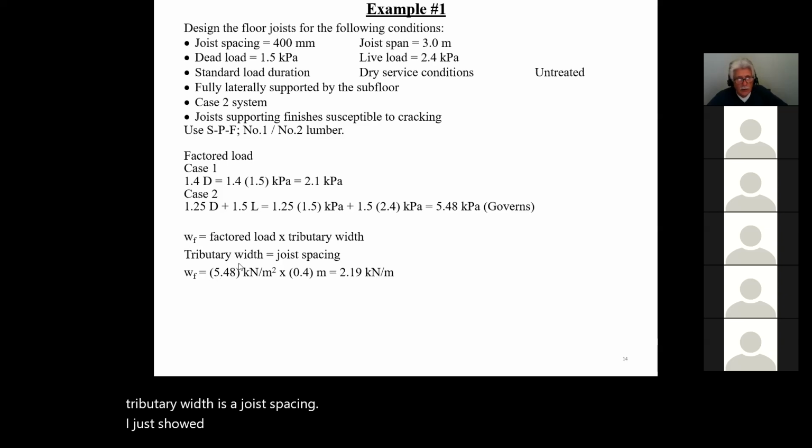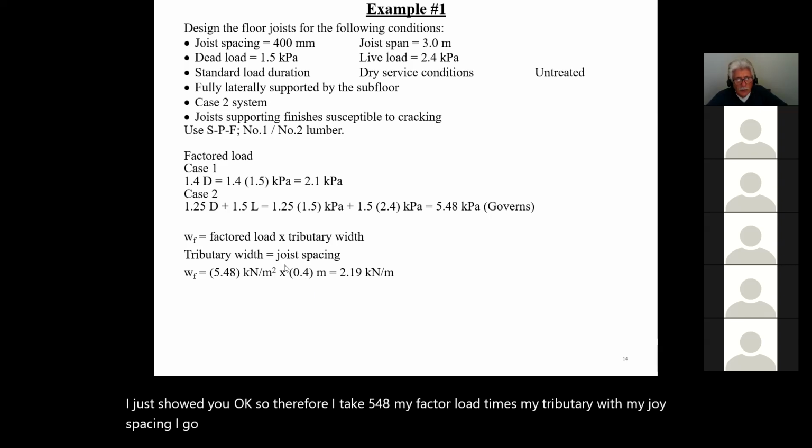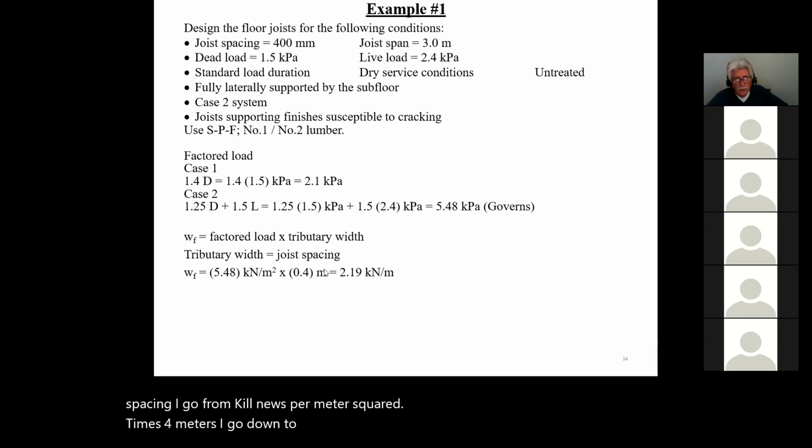I take 5.48, my factored load, times my tributary width, my joist spacing of 0.4 meters, and I go from kilonewtons per meter squared down to 2.19 kilonewtons per meter. So that's my WF.